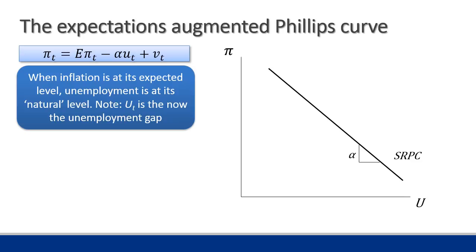So just as before, we have the short run Phillips curve, downward sloping with slope alpha, downward sloping in the inflation rate. We can explain any short run observation on this graph by the short run Phillips curve shifting left and right.